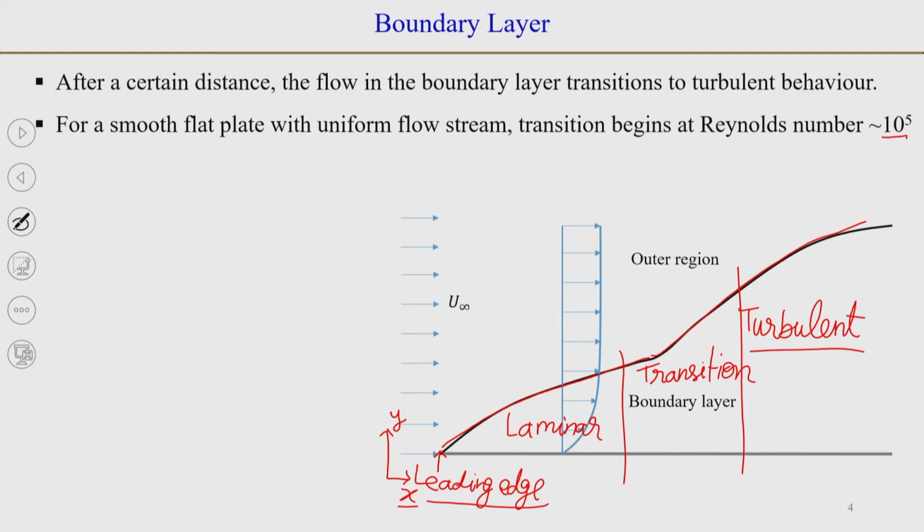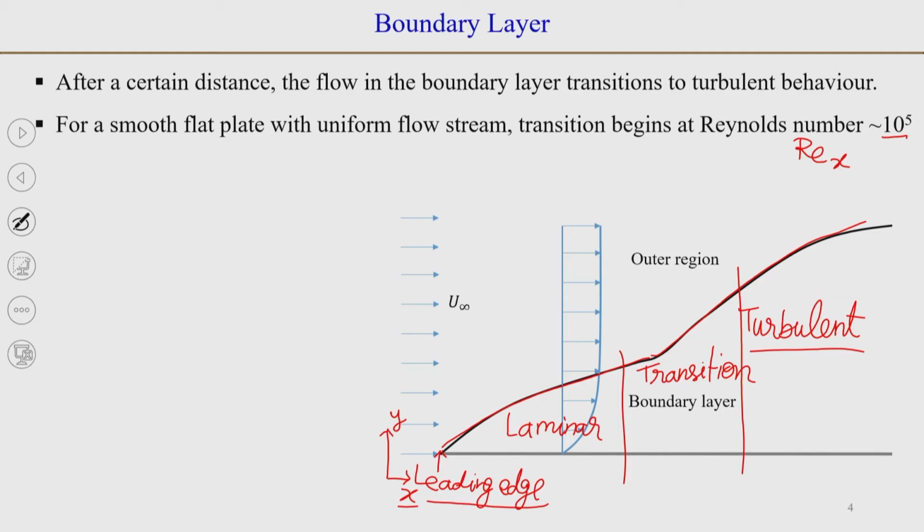and this Reynolds number is defined in terms of Rex. Generally when we define the Reynolds number, we take the transverse direction. When we talk about flow over a sphere, we define Re equal to rho u d divided by mu, where d is the diameter of the sphere.